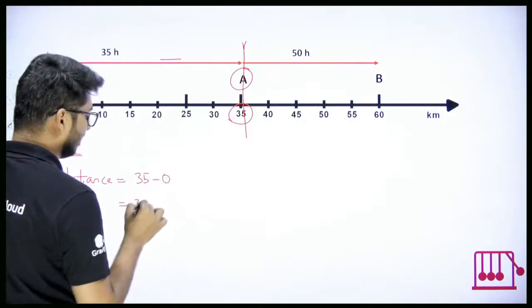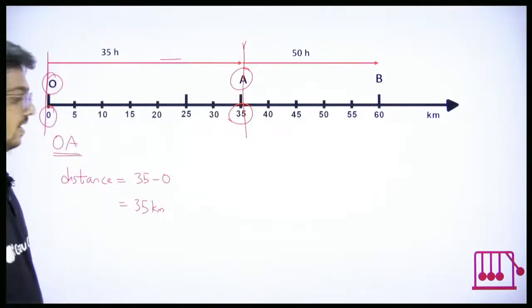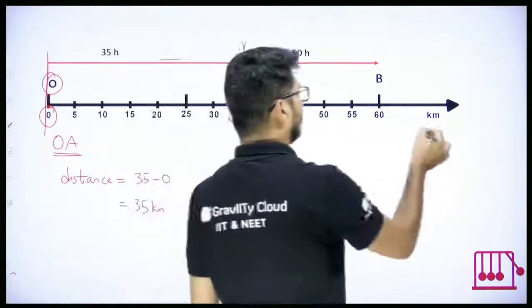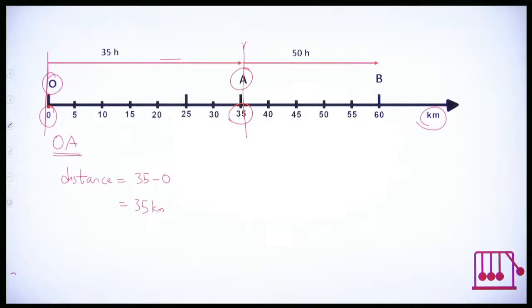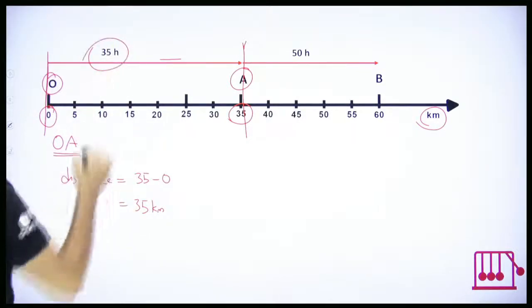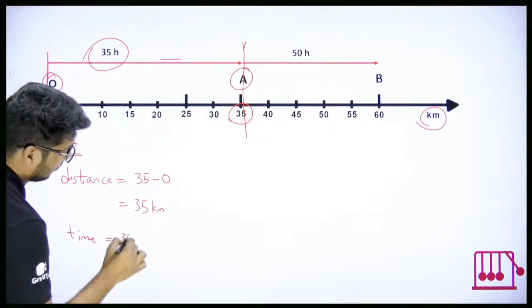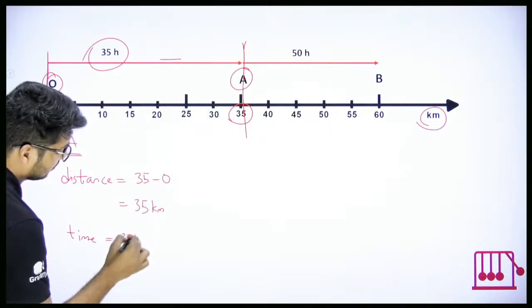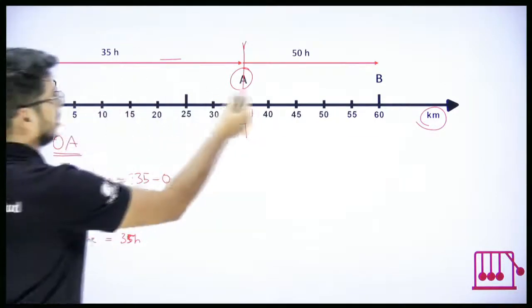You will say it as what? 35 kilometers. And why am I taking kilometers here? Because it is clearly given. 35 kilometers. What is the time given here? Time is given as 35 hours. Clear? Good. So we got all of them.